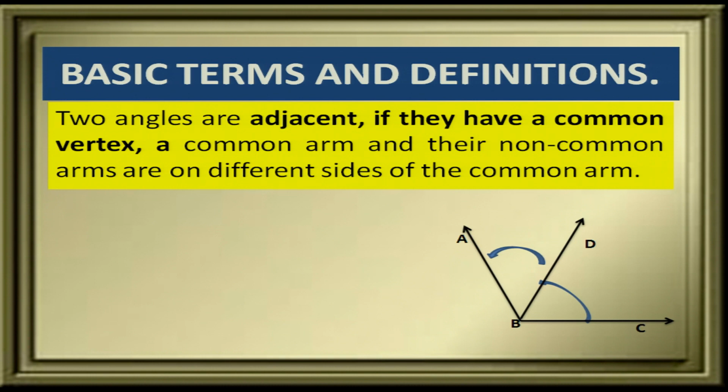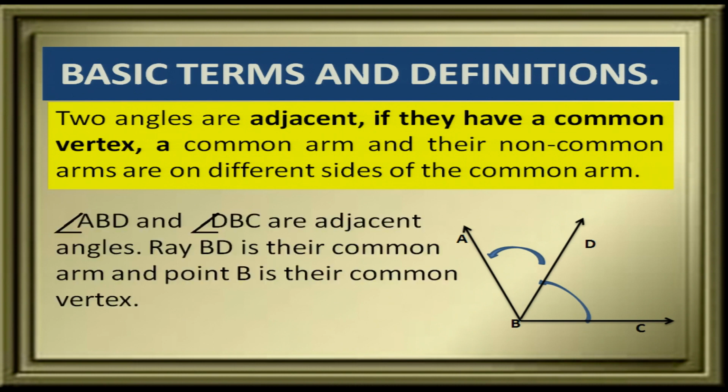Now look at the figure. Here we have angle ABD and angle DBC, two adjacent angles. Here B is the common vertex and BD is the common arm.